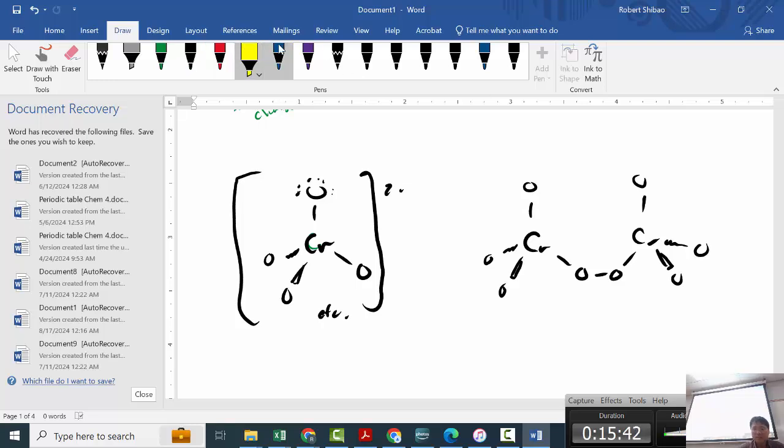But the problem is this linkage here. This linkage is called a peroxide bond. Peroxide bonds are very weak, therefore unstable and reactive.